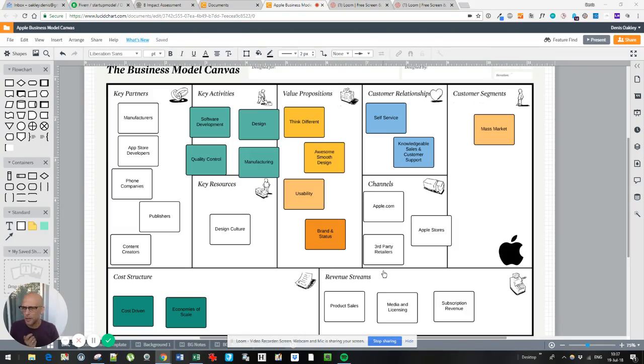This is part 3 of the strategy assessment of your business model. What we're looking at this week is the customer interface assessment, which is over here, the relationships, channels, and customer segments of the business model canvas. We're using Apple as an example because you all know and love Apple, I'm sure.